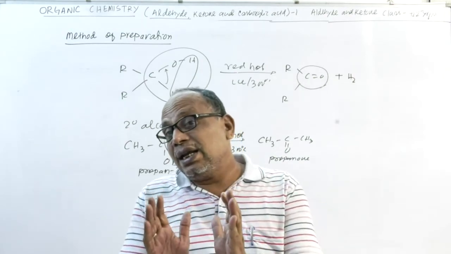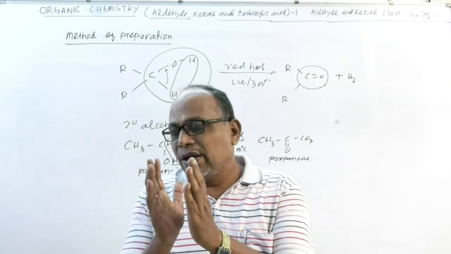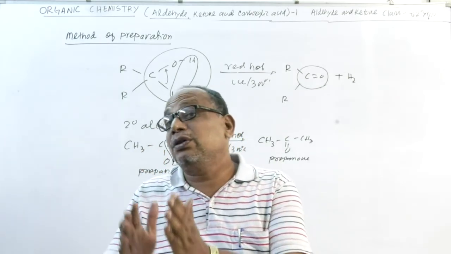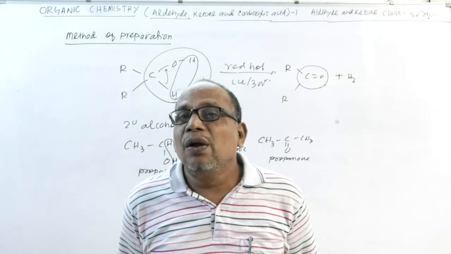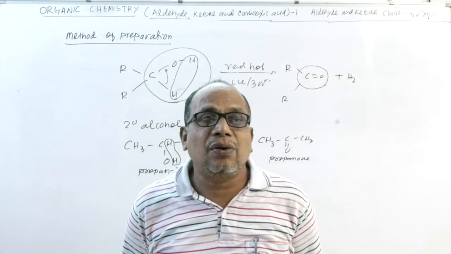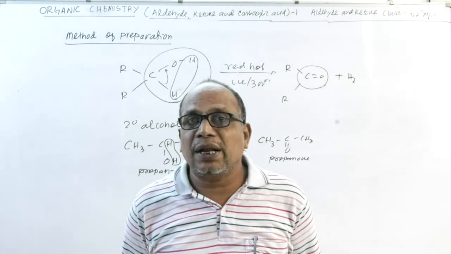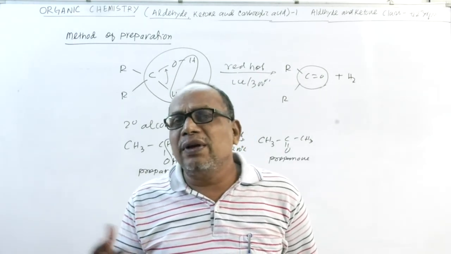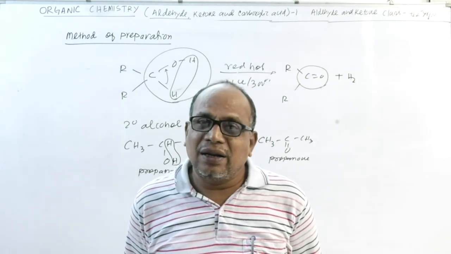We are not using other oxidizing agents like acidified potassium dichromate or acidified potassium permanganate, because these reagents oxidize the primary alcohol first to an aldehyde, which is further oxidized to a carboxylic acid. So when you start with a primary alcohol and treat it with acidified potassium dichromate or potassium permanganate, finally you get only carboxylic acid, not an aldehyde.